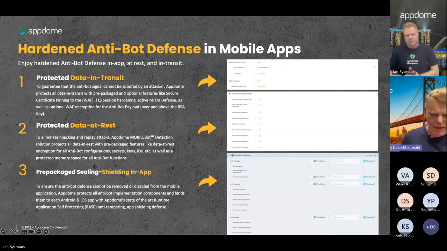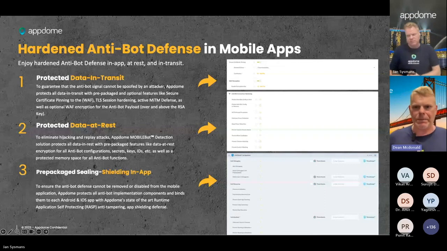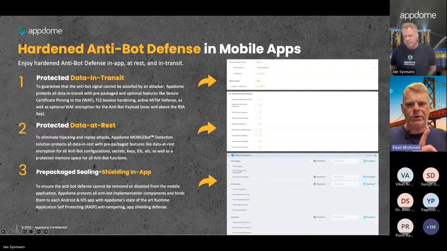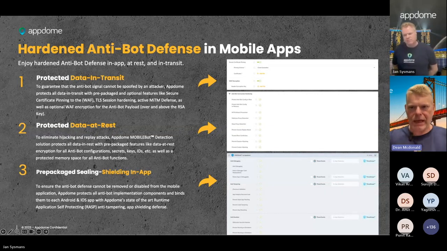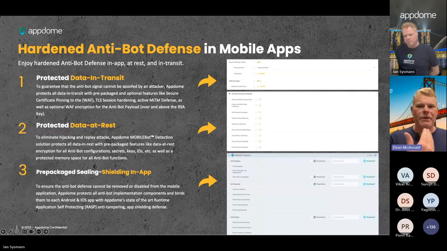Exactly. And a good example of that, Jan, is when I mentioned earlier, and I've said it a few times because I really wanted to resonate, that we're not an SDK vendor and we're not giving you an SDK to put into your app to provide these protections. And so when we talk about protecting or defending the defenses, some approaches are to put an SDK in the app and use that as a means to protect the app. And the first thing that the bad actors will do is go after the SDK.